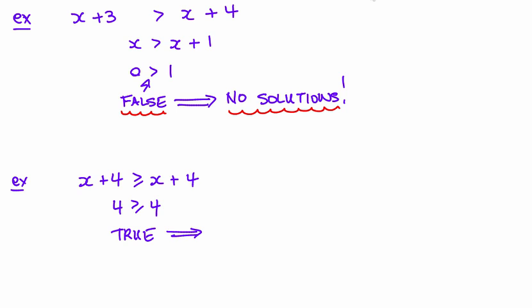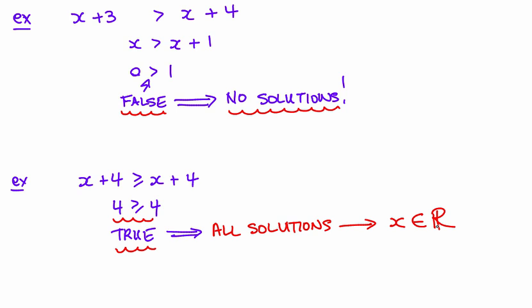Yeah, it's equal. Negative 10 plus 4, that's negative 6, and that's bigger than or equal to negative 6 because they're both equal. So if you end up in a true statement, you have all solutions. And all solutions is written as x can be any real number at all.